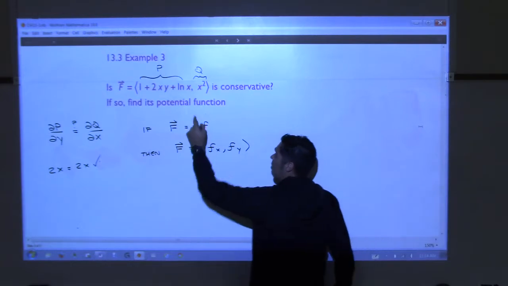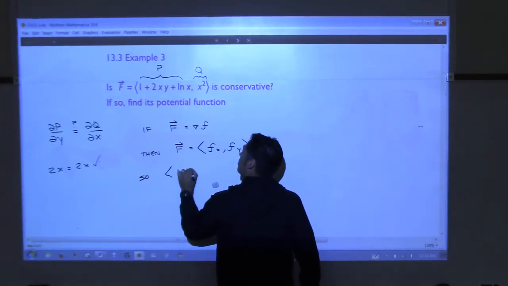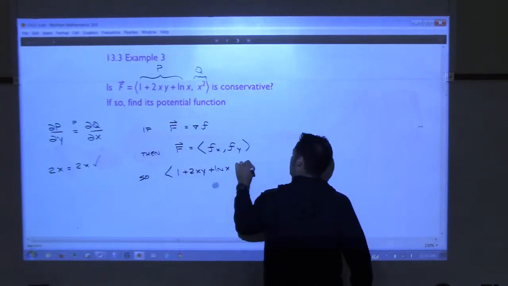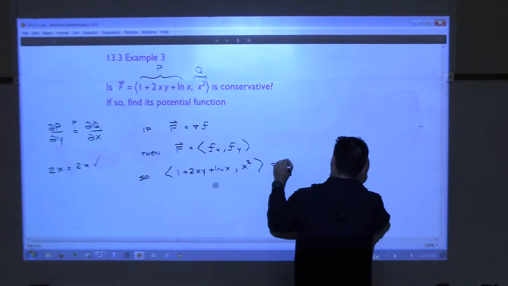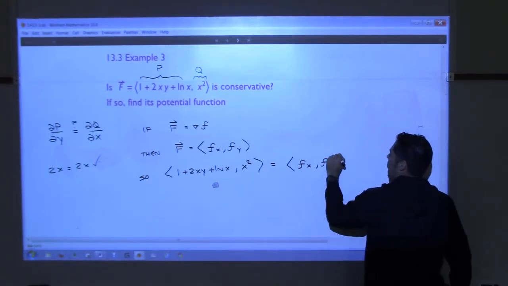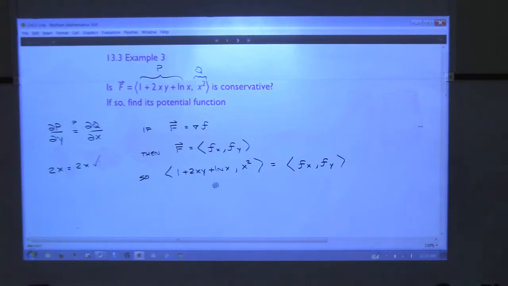And that means that 1 plus 2xy plus natural log x, comma x squared is equal to the partial of f with respect to x, the partial of f with respect to y.